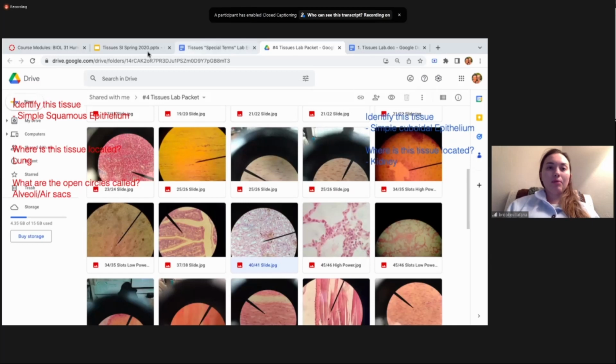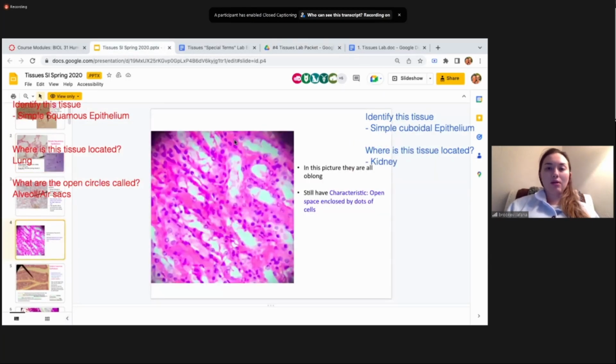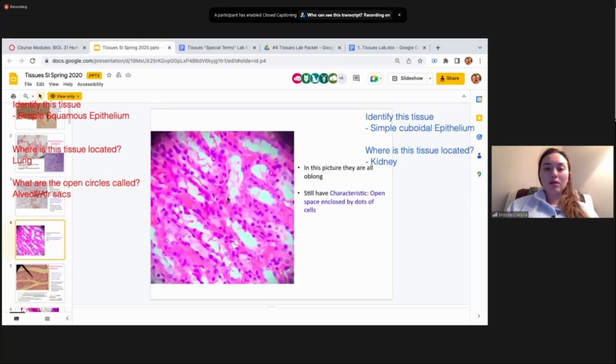One more example of our simple cuboidal epithelium is right here. In this picture, they are all oblong, but as you can see, even though they don't look like donuts here, they are oblong in shape, and they do have those cells going around that open circle. But it would be very unlikely you would see this on your lab exam.